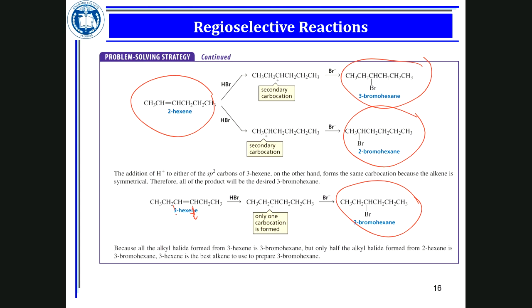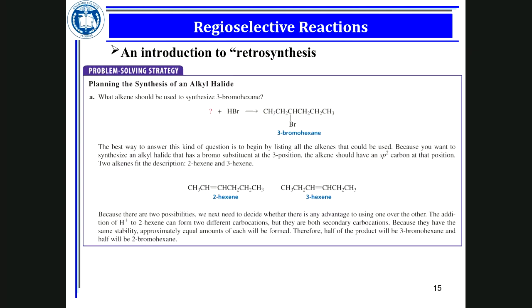So when you go back to the choices, since either one of these can give you the same product, and both of them would give you secondary, this is a better choice for the answer. So both of them are correct, but a better choice would be this one.